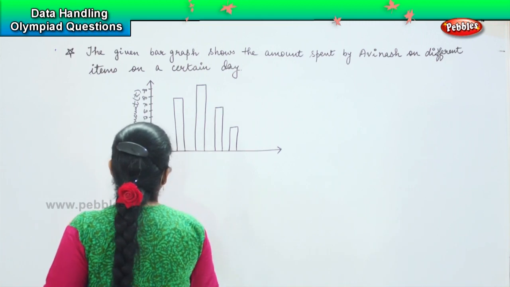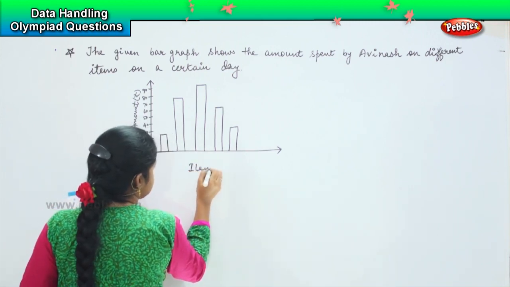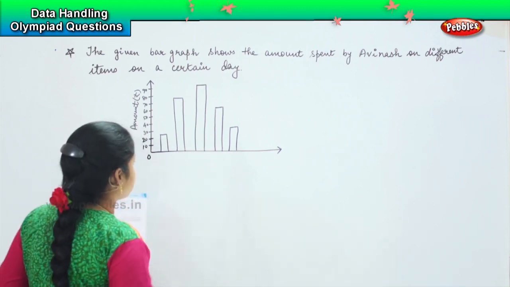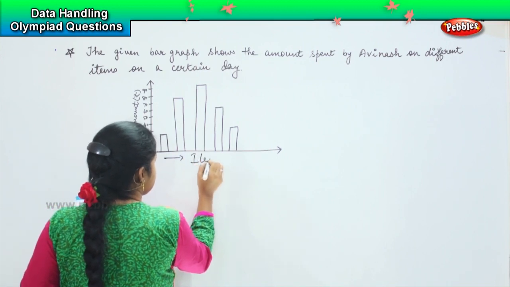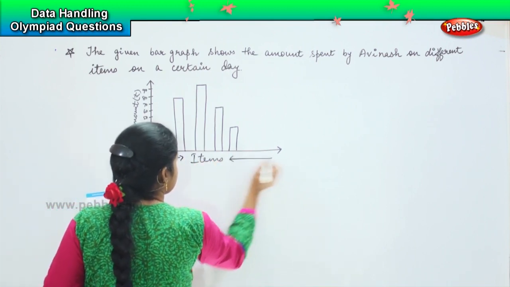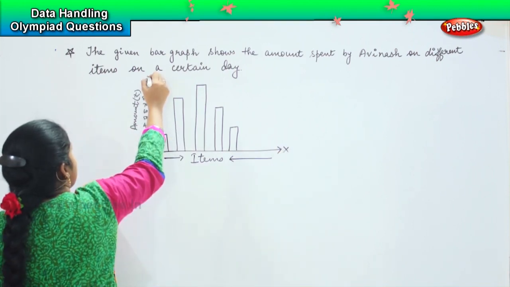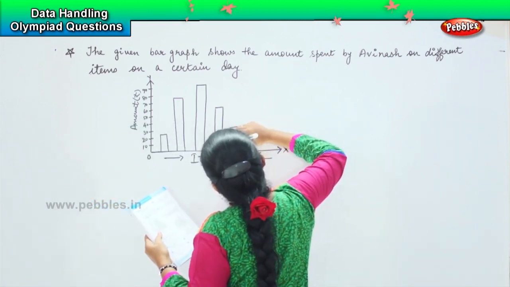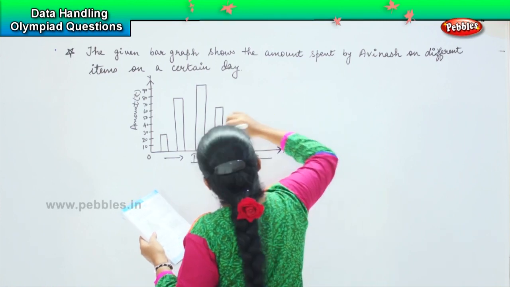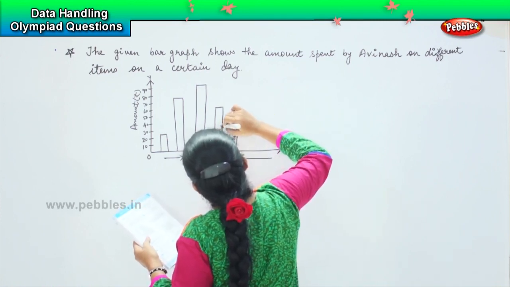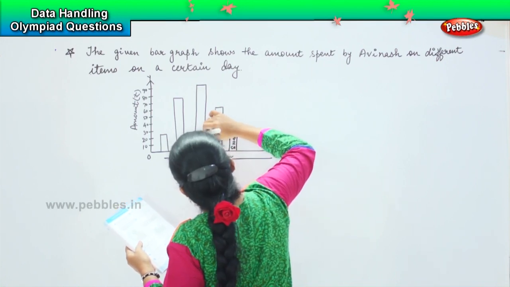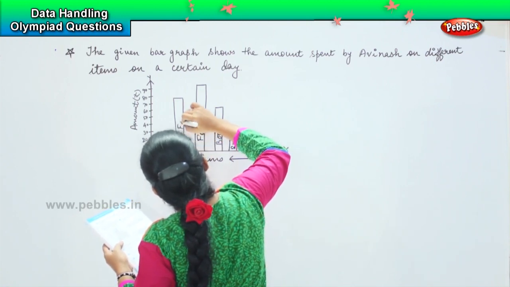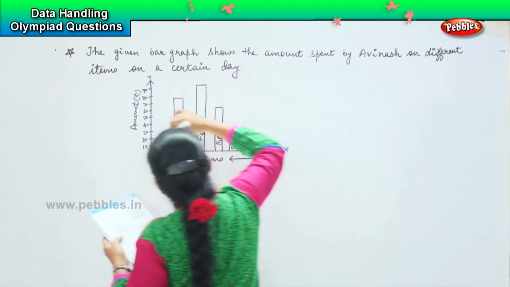Fine. So these are the items. Now let us describe what these items are. This is sweets. This is books. This is food. This is the bus fare. And the first one is savings.